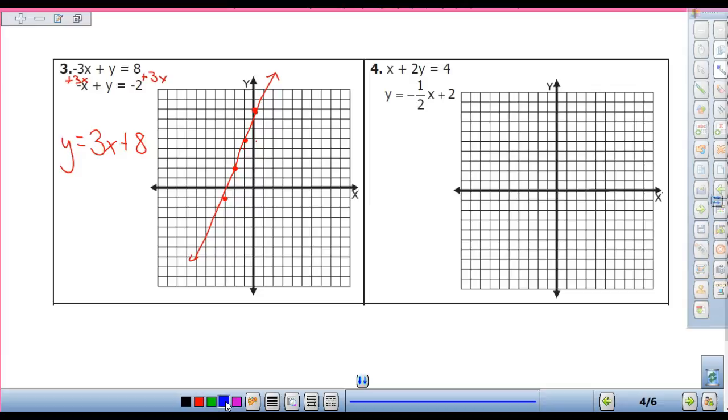Alright, so my bottom line, what do I have to do? Add x to both sides. So y equals x minus 2. Where do I start? Negative 2, and I go up 1 over 1.